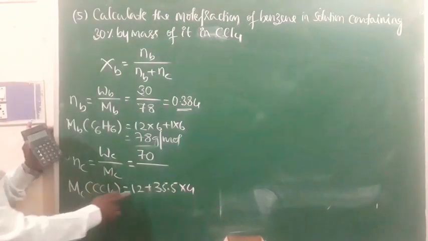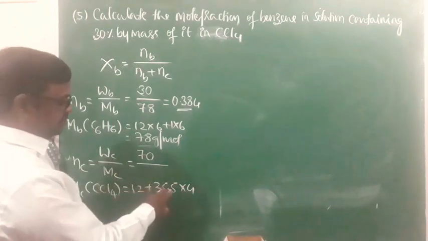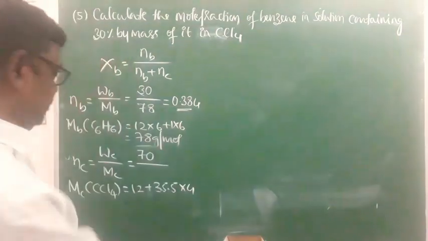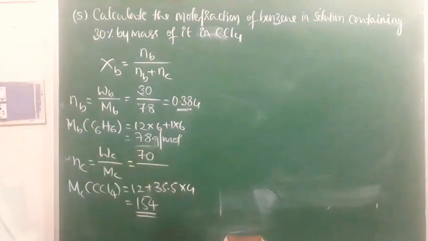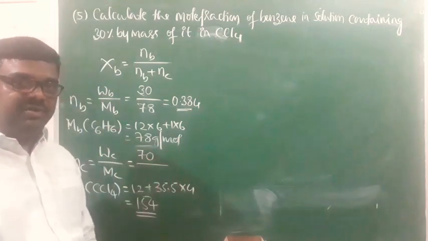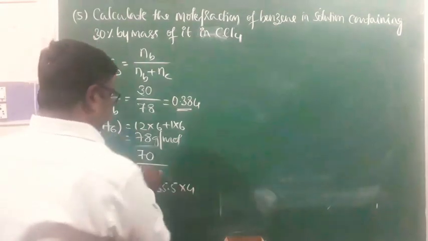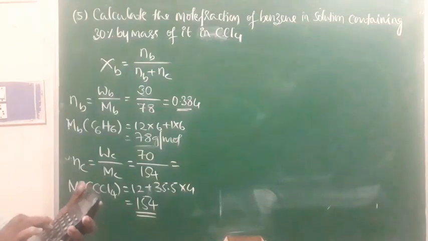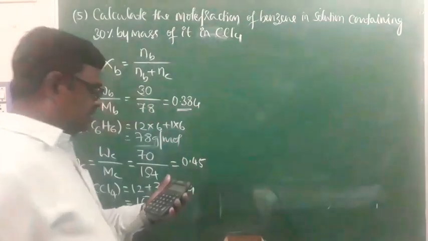Carbon is 12, chlorine is 35.5, and there are 4 of them. 4 into 35.5 is 142, and 142 plus 12 is 154. Therefore it is 154. What is the number of moles there? 70 divided by 154 comes out to be 0.4545.